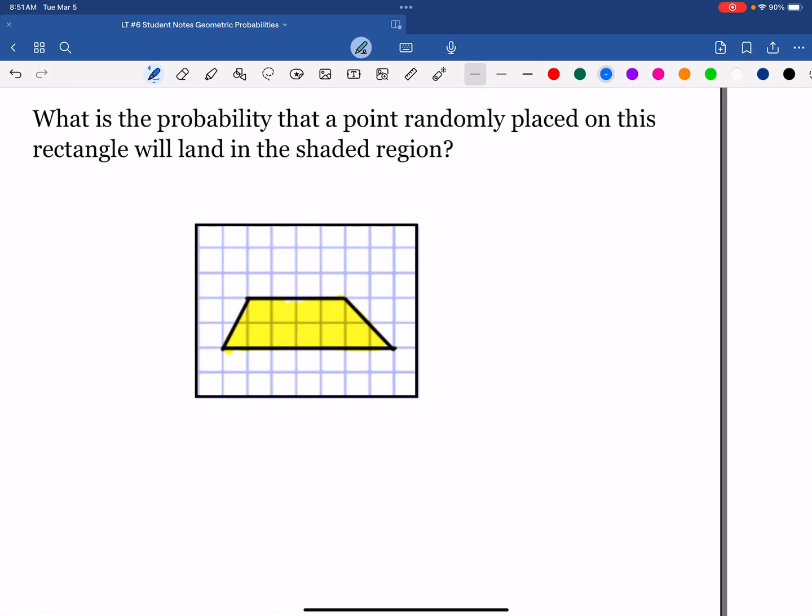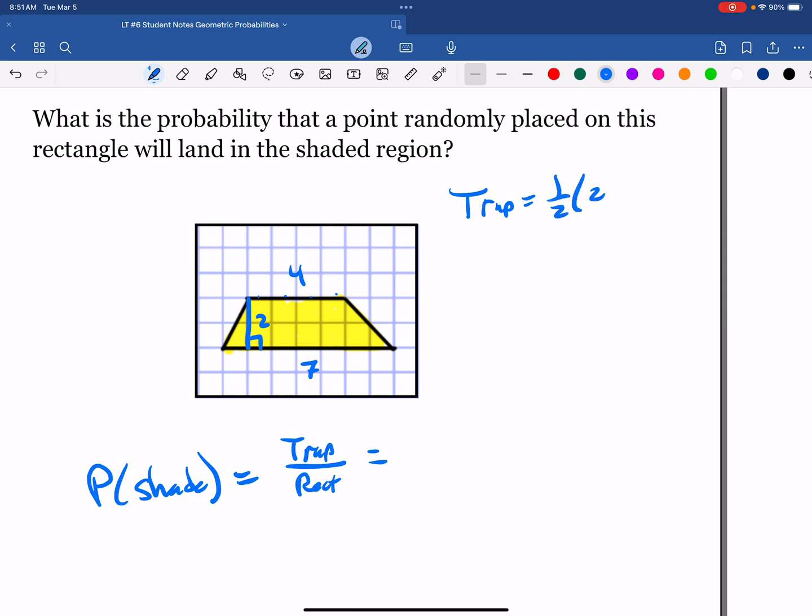Pause the movie, try this one on your own, press play when you're finished. All right, probability that we land in the shaded region is going to be the trapezoid over the rectangle, which would be the total. The trapezoid has 1, 2, 3, 4, that's a length of 4. This is the length of 7, and the height is 2. So the trapezoid is 1/2 height times 4 plus 7.